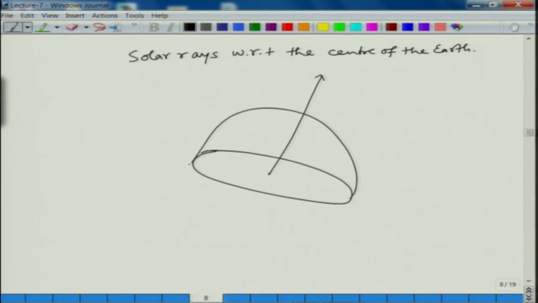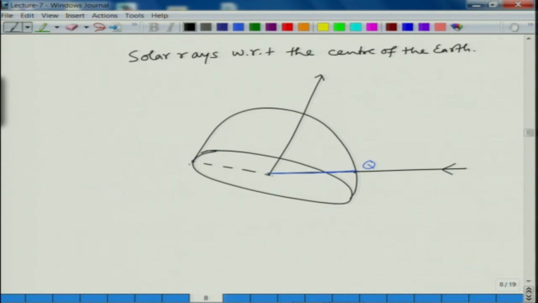Now, if a sun ray is radiating normally at a certain point, let us say this point to be Q, what angle does this sun ray going normally through the surface of the earth make with the equatorial plane?